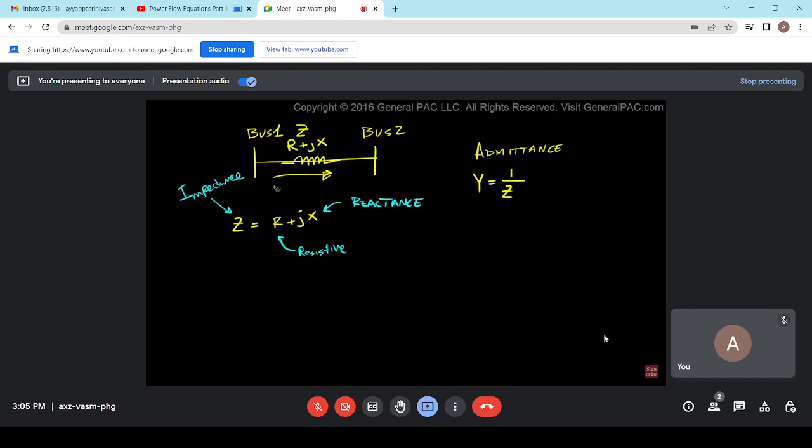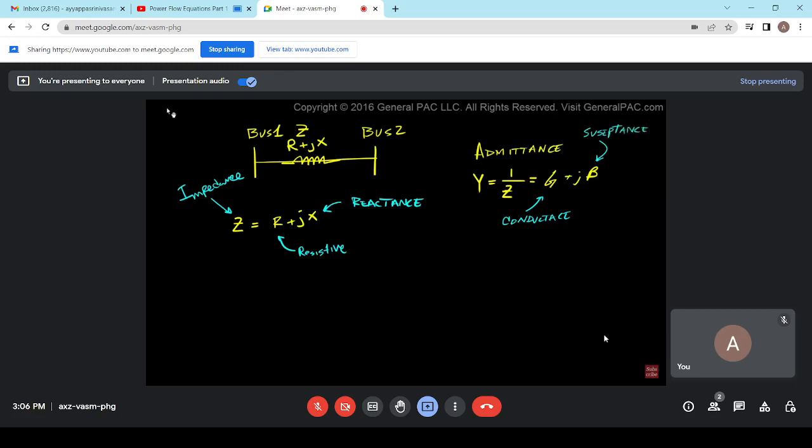So admittance is how easy the current is allowed to travel from bus 1 to bus 2 through this transmission line. So admittance is 1 over the impedance, and that also equals G plus JB, where G is called the conductance and B is called the susceptance.